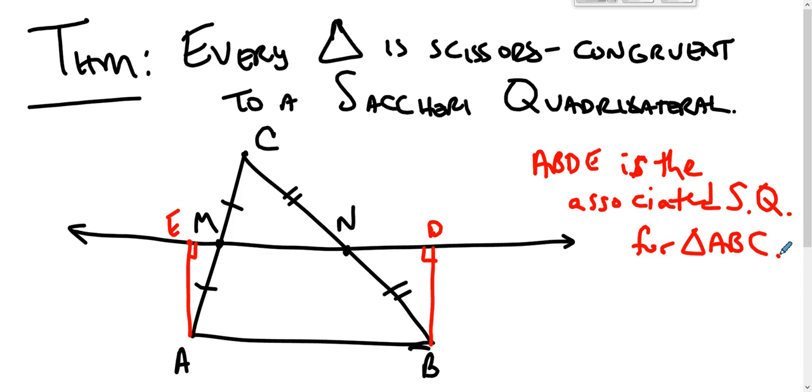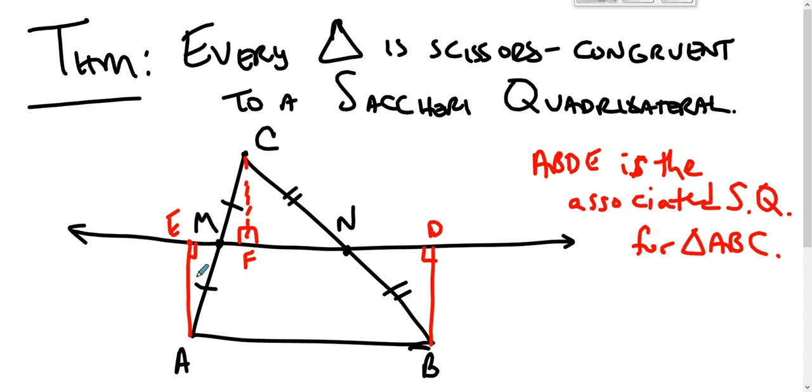It is worth asking how we know it is a Saccheri quad. In Euclidean geometry, ABDE is a rectangle, which is pretty straightforward: parallel lines are everywhere equidistant. Here it's a little bit trickier. In the neutral case, you could drop a perpendicular to line MN from C also.